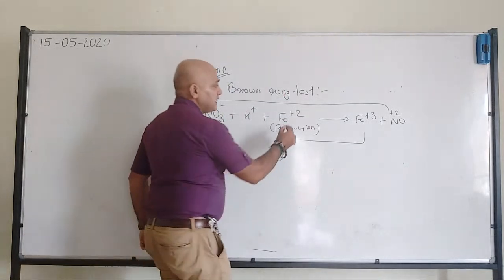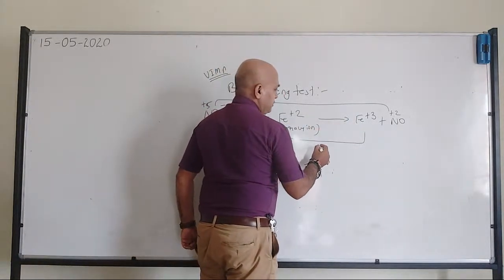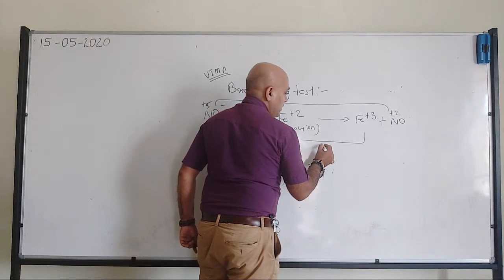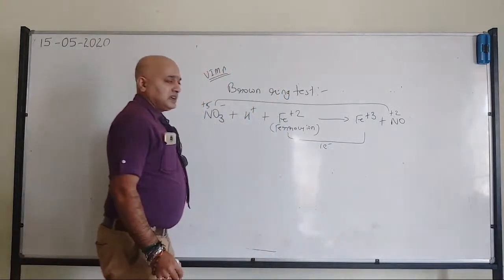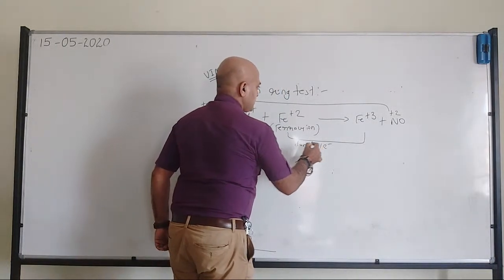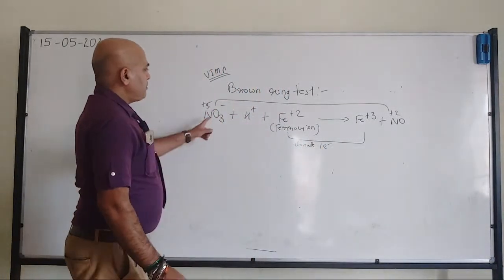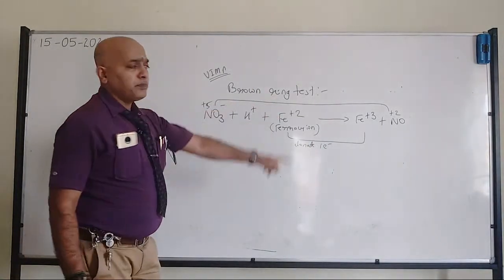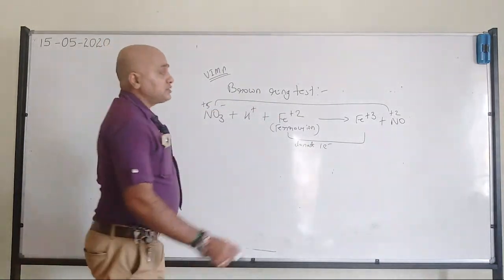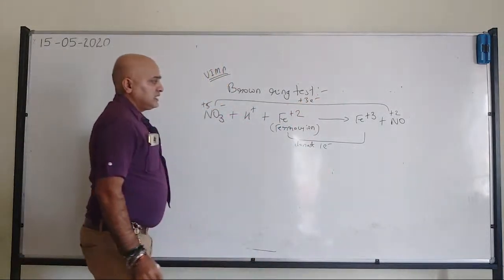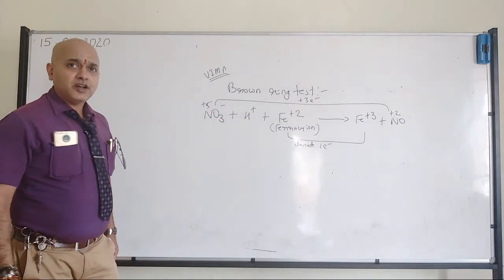Fe2+ is getting converted into Fe3+, so it loses 1 electron. It's going to donate 1 electron. Now for NO3- to NO, from +5 to +2, it should gain 3 electrons.